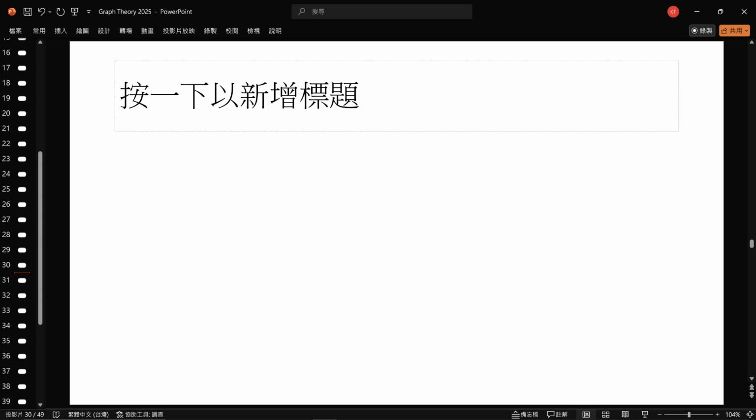Right, so let me modify the proof. The logic is just that if we have these three statements, then automatically we get this y.